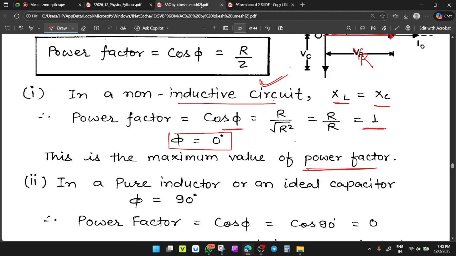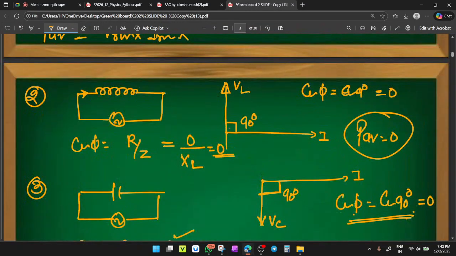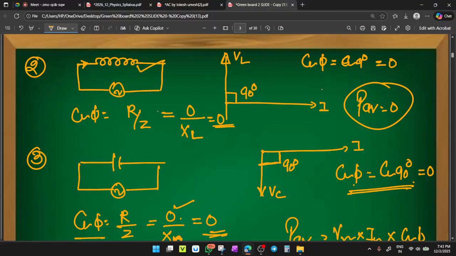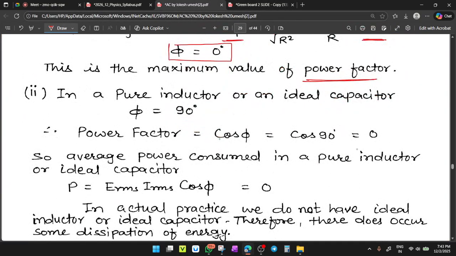Clear? In a pure inductor or in a pure ideal capacitor, as I have talked about earlier, there is an angle of 90 degrees. So cos 90 becomes 0, and the power factor also becomes 0.